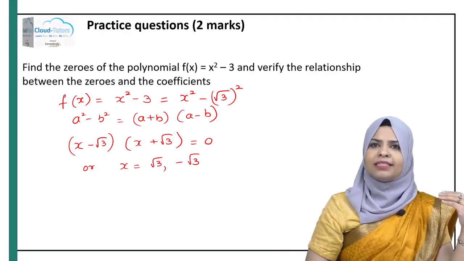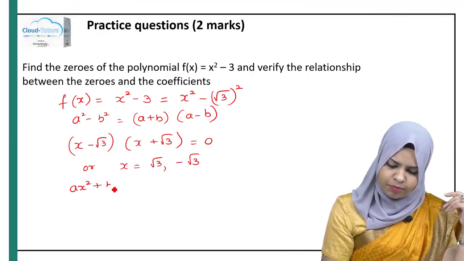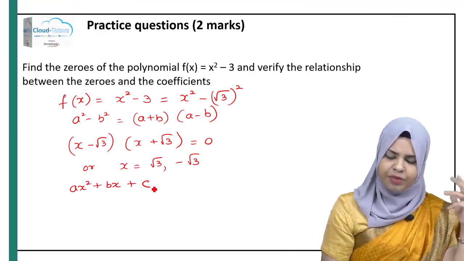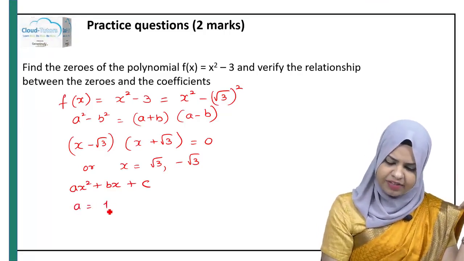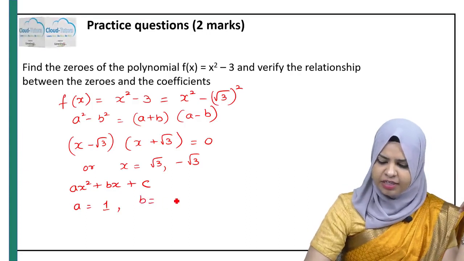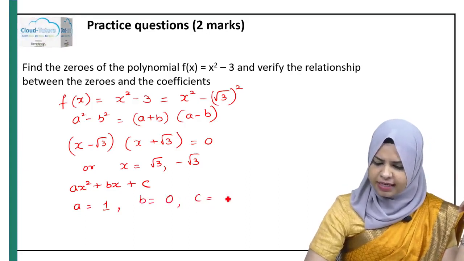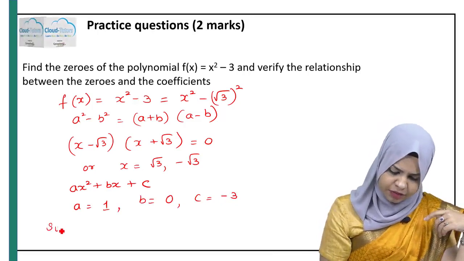Alright. Now let's write the generic form. What is the generic form? Ax square plus bx plus c. Now compare. What is A? A is definitely 1. What is B? B we do not have, it is 0. And C is minus 3. Now let's find the sum of the roots.